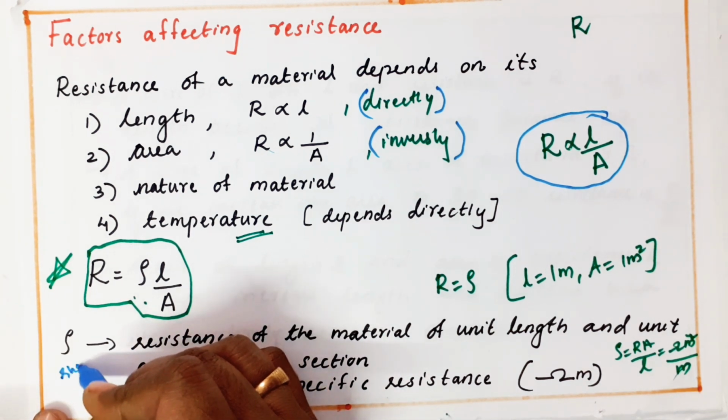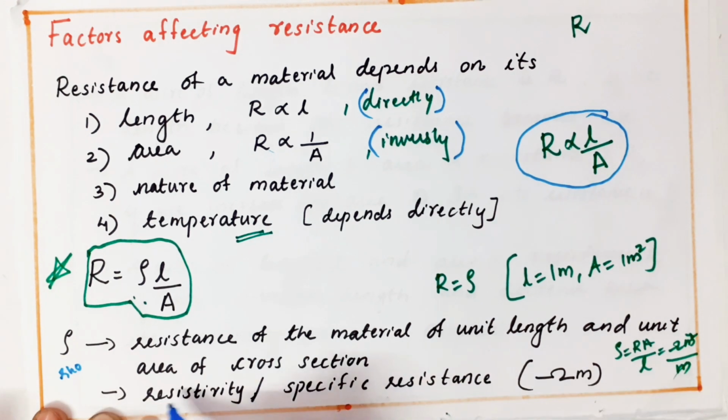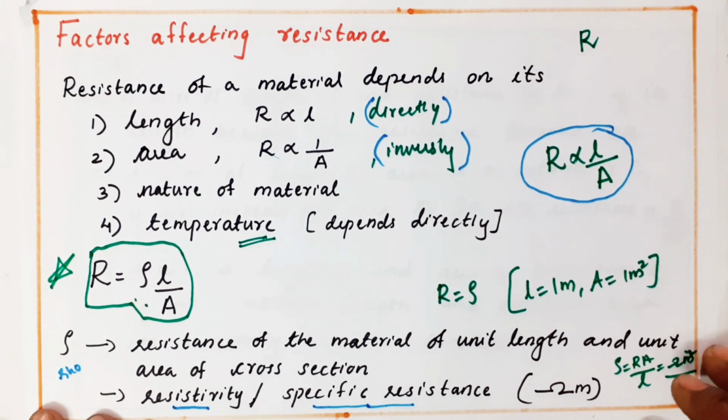Rho has a name. It is called resistivity or specific resistance.